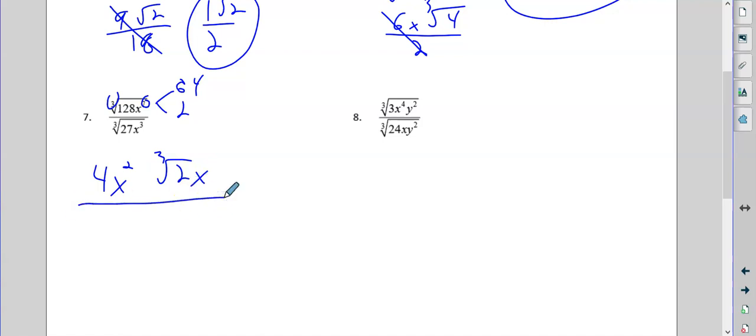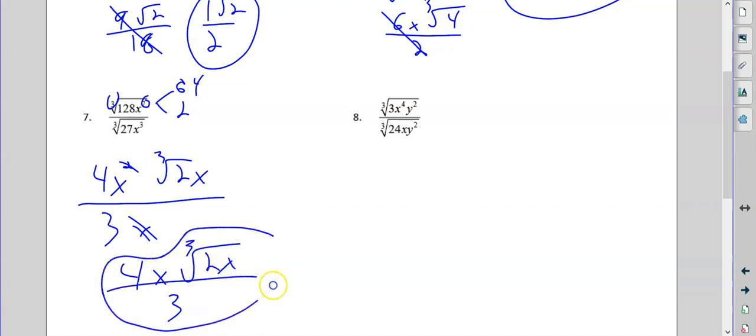The bottom simplifies perfectly. The cube root of 27 is 3. The cube root of x cubed is simply x. 3 divided by 3. And now we just clean it up a little bit. 4 and 3 do not cancel. So I have that. This will cancel with one of these. Cube root of 2x. And on the bottom, I'm just left with the 3.